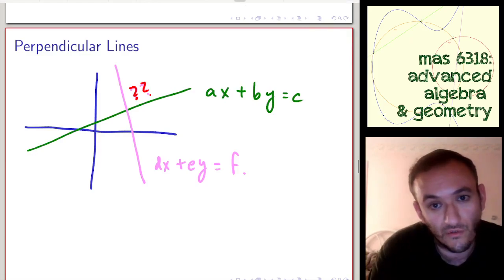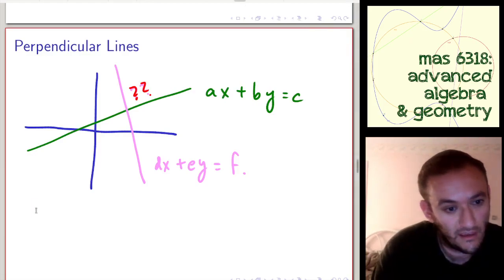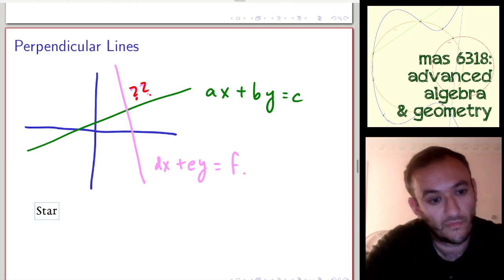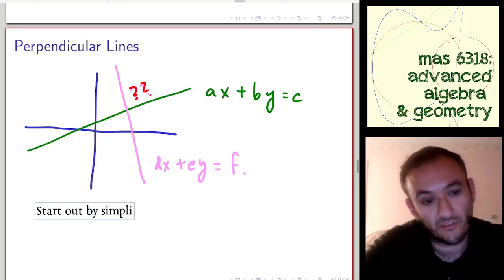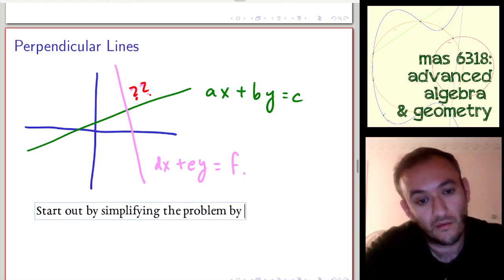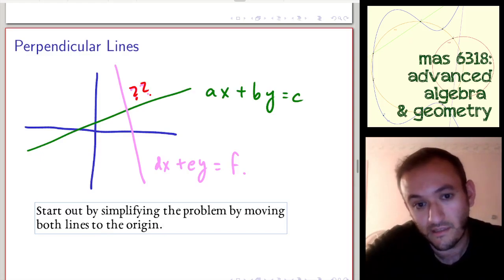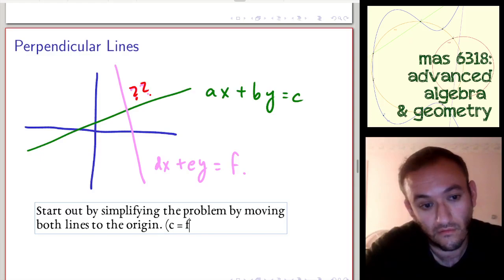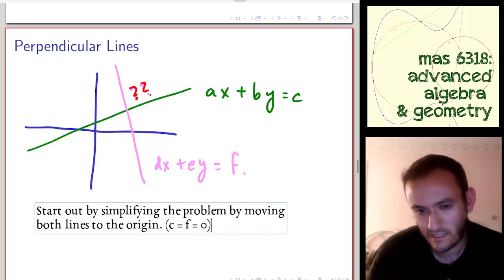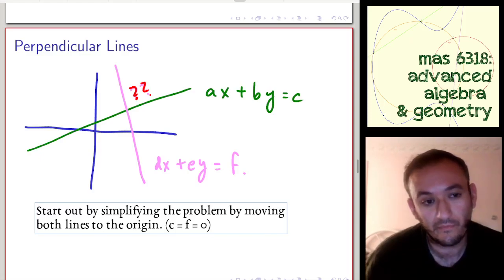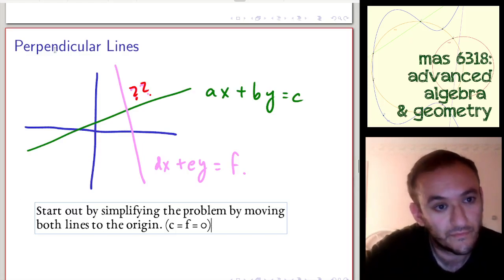So we're going to assume it's okay to start out by simplifying the problem by moving both lines to the origin. In other words, we're going to assume c and f are 0. You can convince yourself that this doesn't affect the property of being perpendicular.